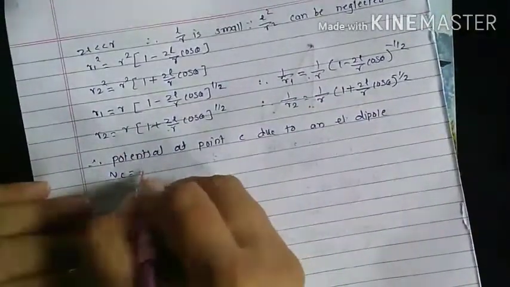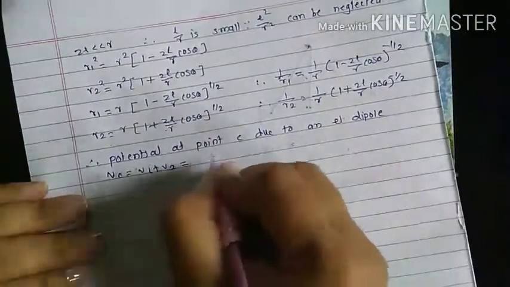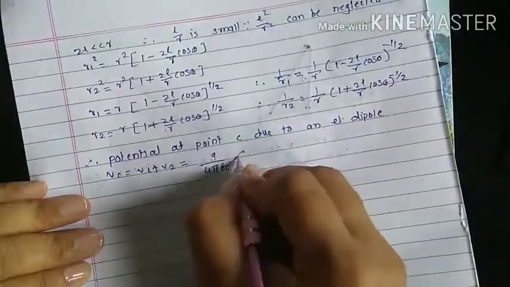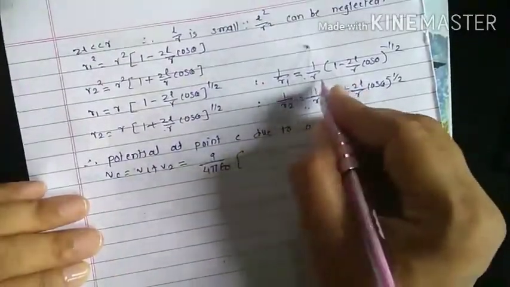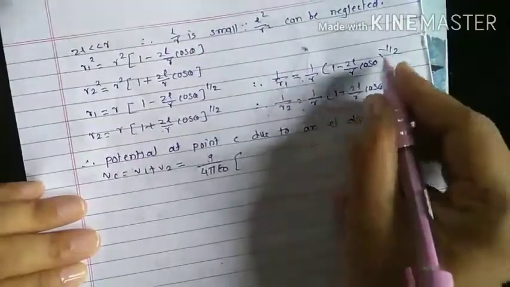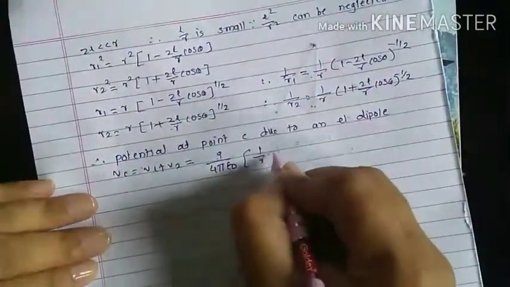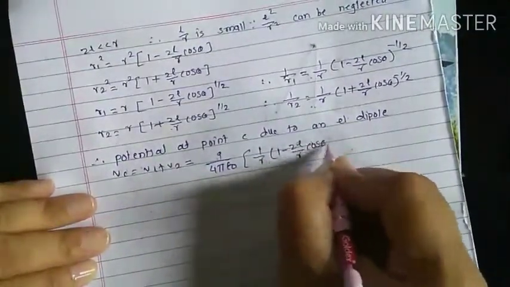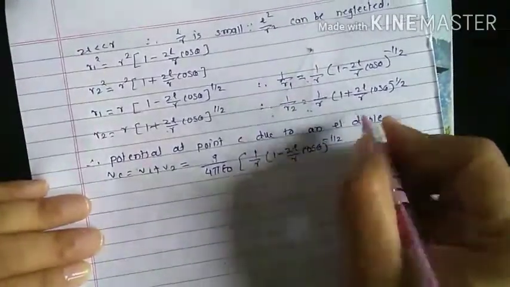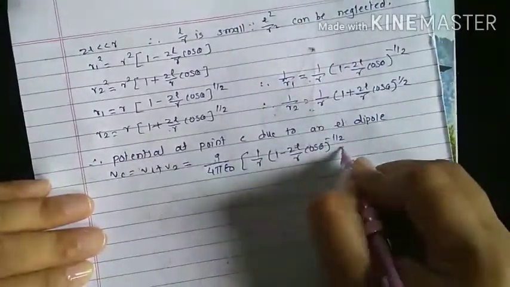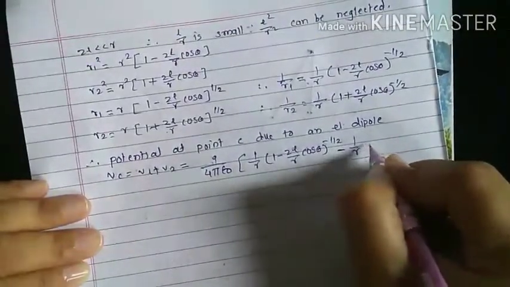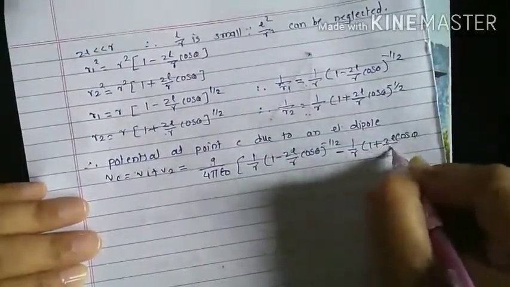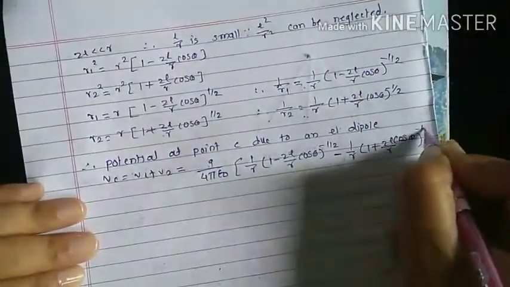Potential at point C due to an electric dipole is equal to V1 plus V2, which is Q upon 4 pi epsilon naught, in a bracket 1 upon R1 minus 1 upon R2, that means 1 upon R, 1 minus 2L upon R cos theta raised to minus half, minus 1 upon R, 1 plus twice L cos theta upon R raised to minus half.